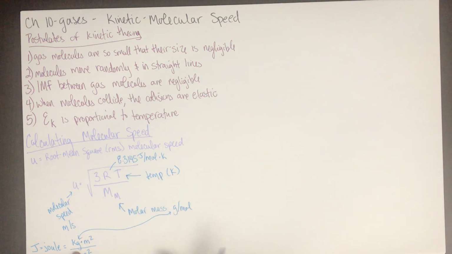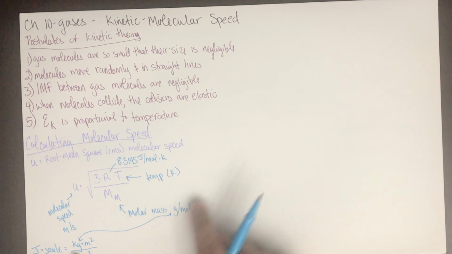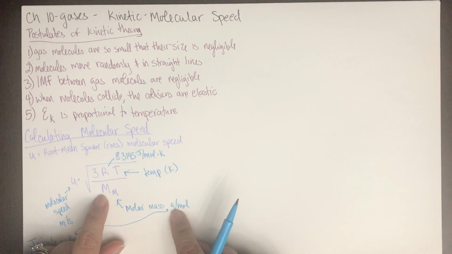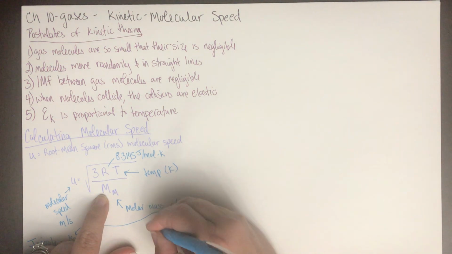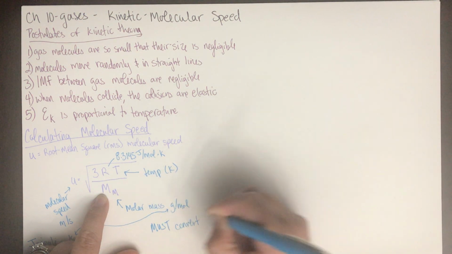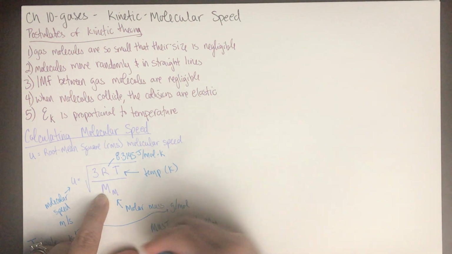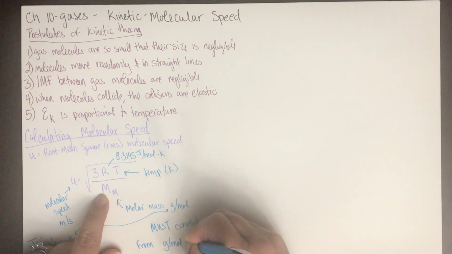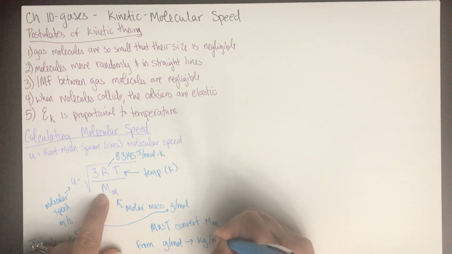A joule is a kilogram times meter squared over second squared. So that means when you use molar mass to calculate molecular speed, you must convert molar mass from grams per mole to kilograms per mole.